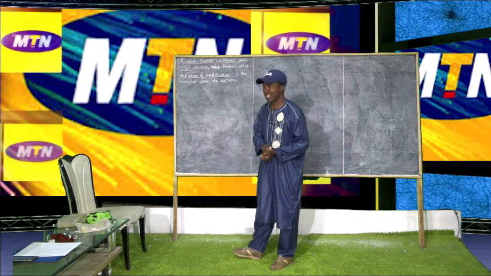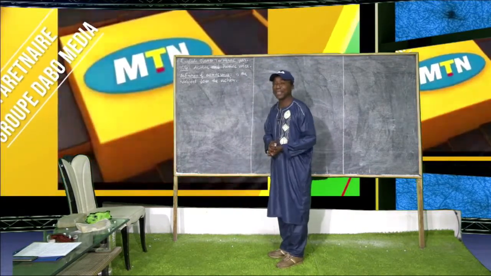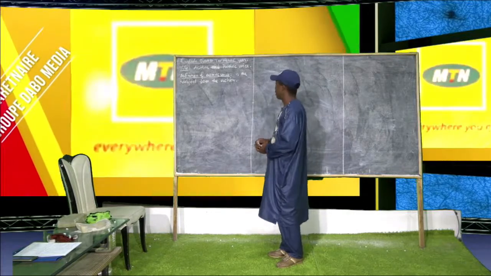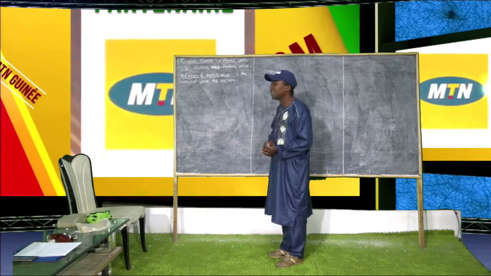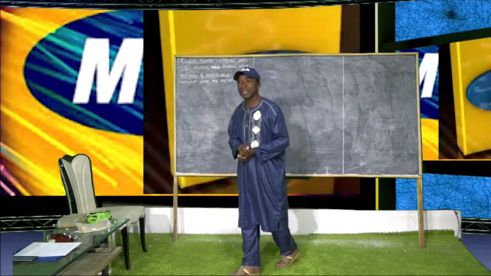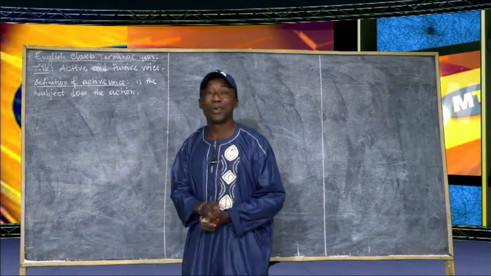Active voice is when the subject does the action, when the subject performs the action, and when the subject accomplishes the action. We say the action is in the active voice.